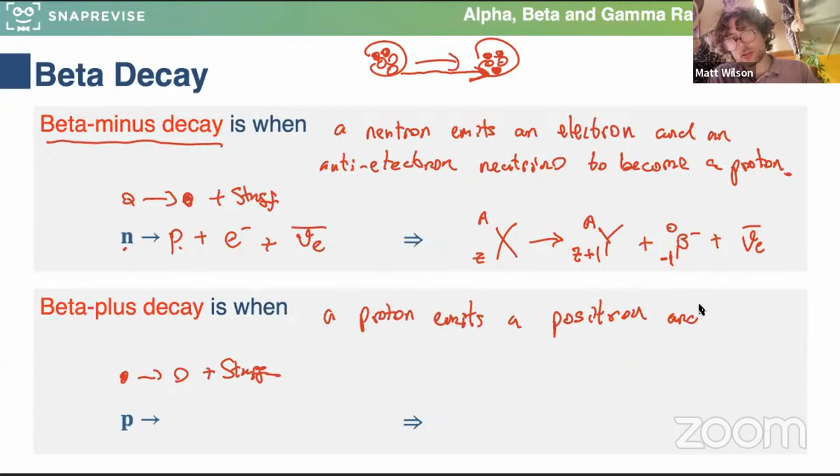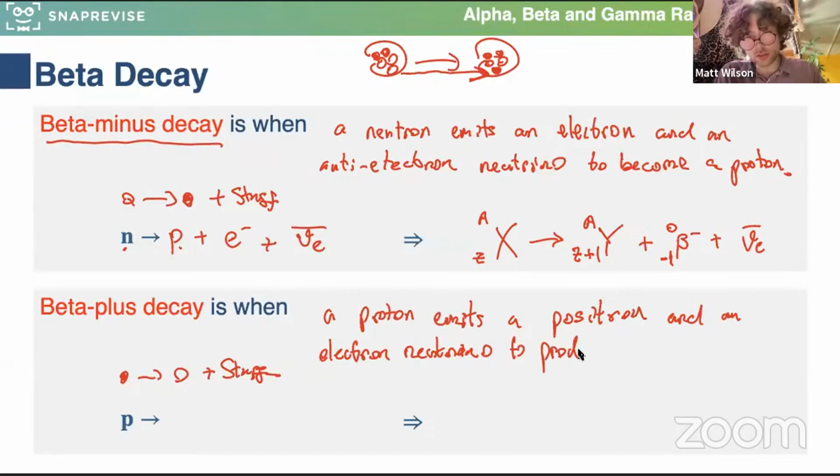And an electron neutrino. For its anti-electron neutrino, now it's electron neutrino. For its electron, now it's positron. To produce a neutron. So everything's flipped. So let's see that. A proton produces a neutron, but to do so, it has to create a positron, which we write like this, and an electron neutrino. This was an anti-electron neutrino, just remove the bar to write an electron neutrino.